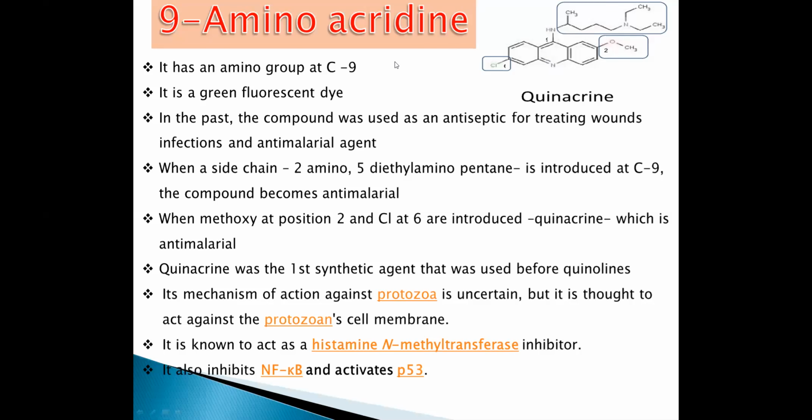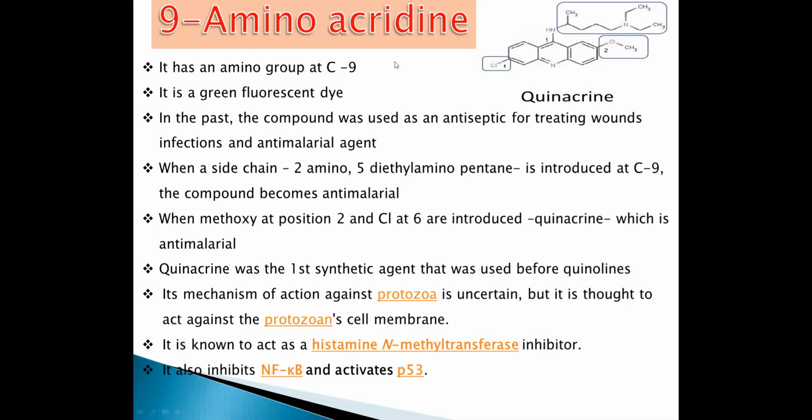If you see the structure over here, it contains a methoxy at the second position. It is similar to an anthracene ring containing a nitrogen at the middle ring. An example of a 9-aminoacridine derivative is quinacrine.